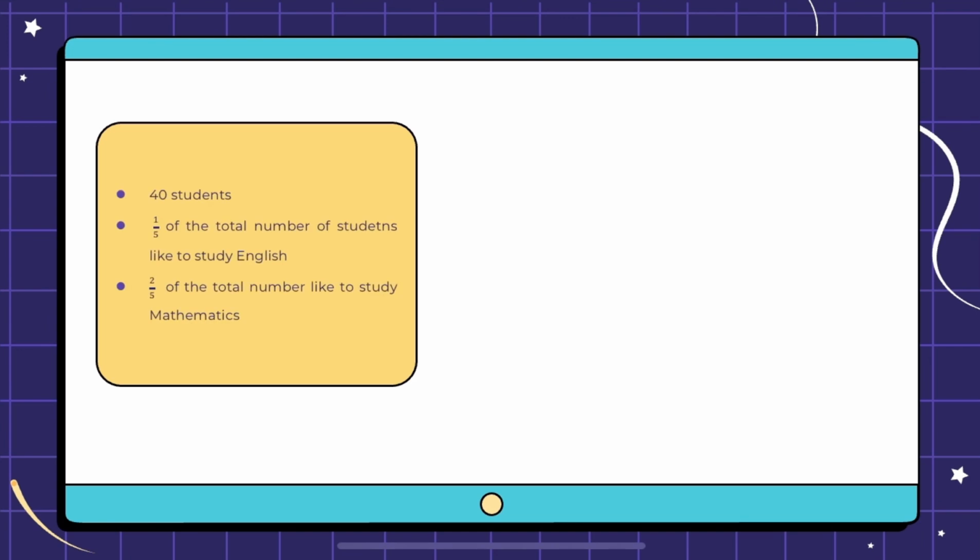We know from the question, there are 40 students, 1/5 of the total number of students like to study English, and 2/5 of the total number like to study mathematics. Okay, for the first question, how many students like to study English?